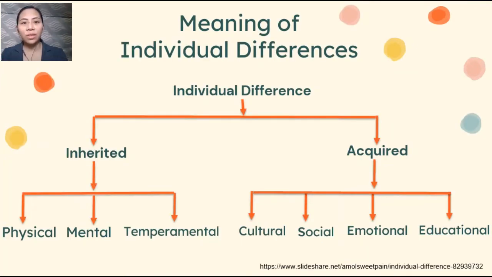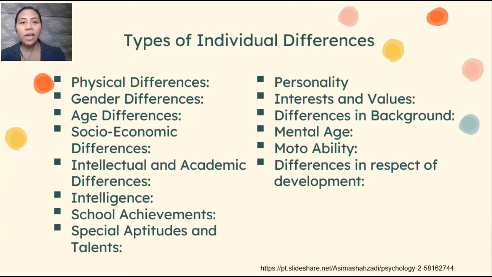So individual differences can be inherited or acquired. We are different in physical aspects, mental and temperamental. And also, we are different in our culture, social, emotional, and educational acquisition. Okay, these are the ways we are different from each other.